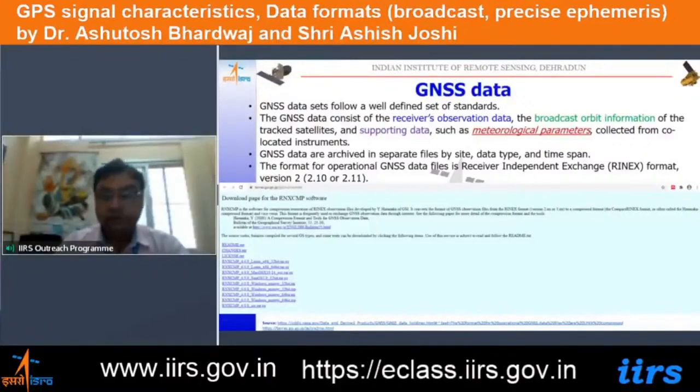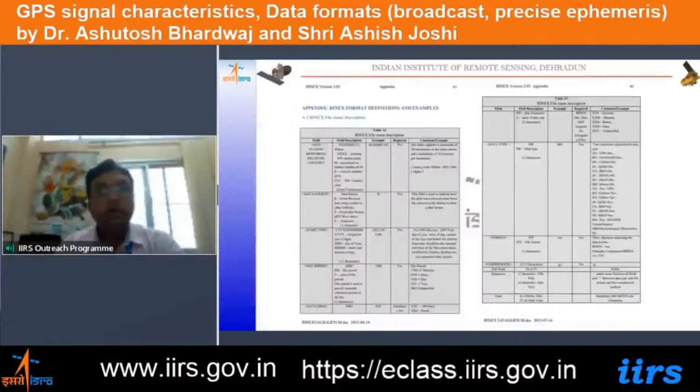Similarly, different tables are there which explain the representation of different types of data sets like time, date, month, then Julian day, and which information is coming from the GPS. Like in this case, the data type, and at various places in the header files and the inbuilt data, you will have representation of GPS observations by G, GLONASS observations as R, Galileo observations as E, and so on.